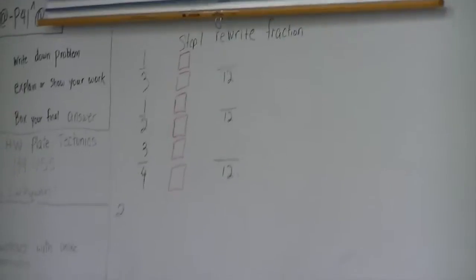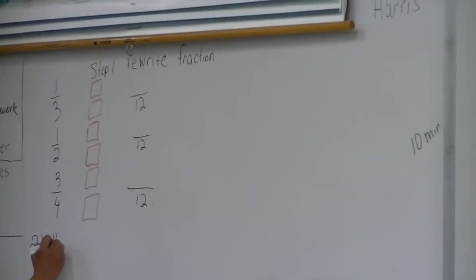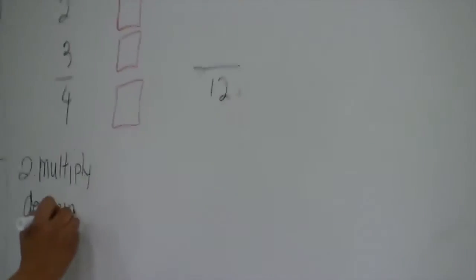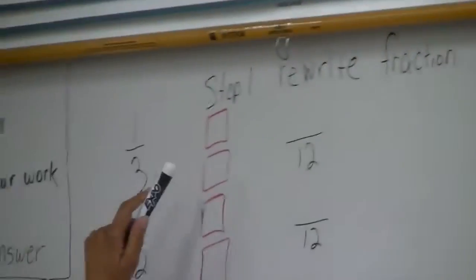The next thing I'm going to do is multiply the denominator. So 3 times what equals 12? 3 times what equals 12? 4. 3 times 4 equals 12.